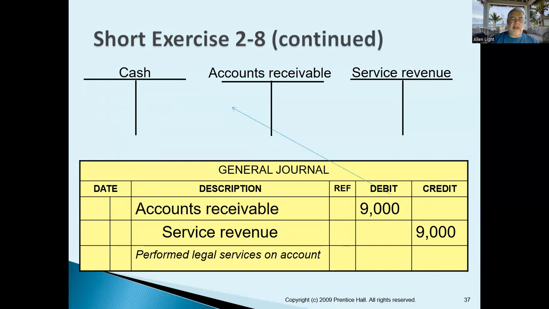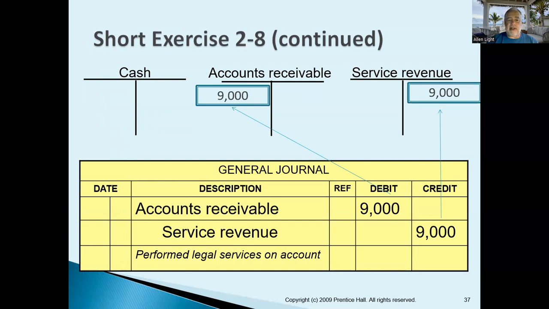The 9,000 is going to be posted to the debit side of the accounts receivable T account. And keep in mind, in the ledger, each one of these is going to have its own page. So this 9,000 is going to be copied into the debit side of the T account for accounts receivable. Service revenue, and really all you're doing is following instructions.